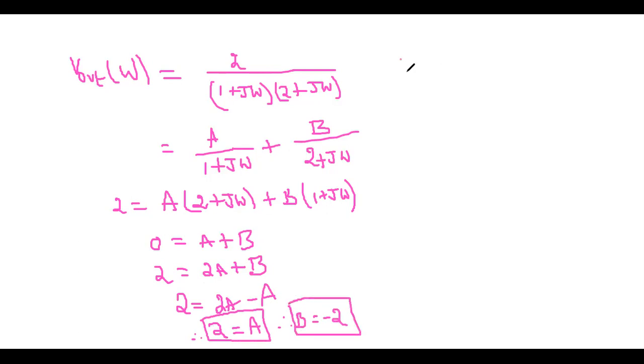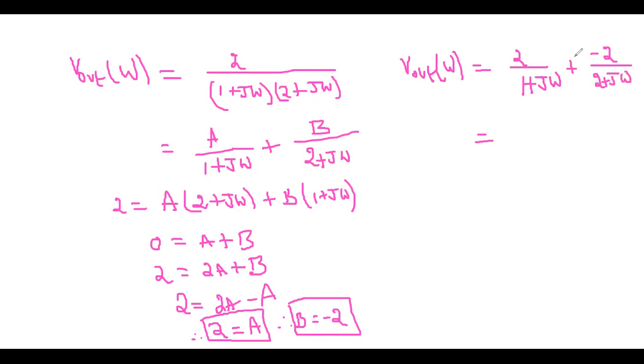Now I can substitute: V out of omega is equal to a, which is 2 by 1 plus j omega, and b, which is minus 2 by 2 plus j omega.